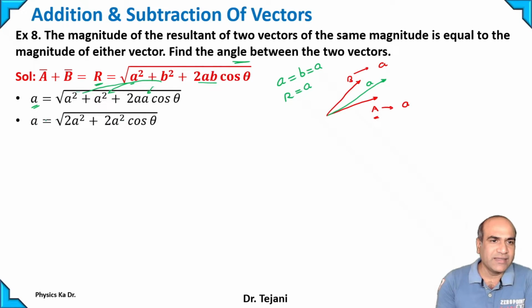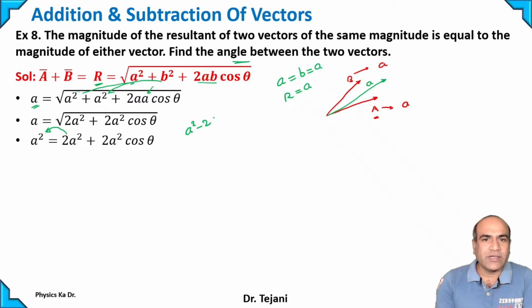You can write here A is equal to under root 2A square plus 2A square cos theta. We can take A square is equal to 2A square plus 2A square cos theta. We can send this to the opposite side. What becomes? A square minus 2A square is equal to minus A square.